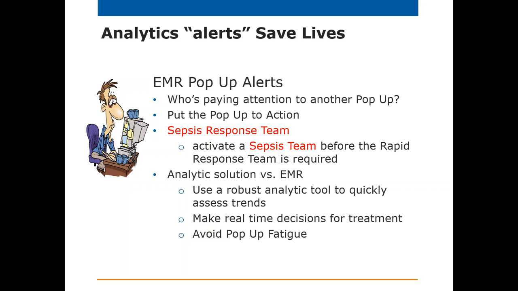Any resources that signal these really high-risk patients who are having deteriorating symptoms let you get on that quickly with early identification. Another thing is to establish a sepsis response team. Much like a rapid response team, it's really beneficial to activate a sepsis team who can be on guard for those high-risk patients and help identify them quickly.